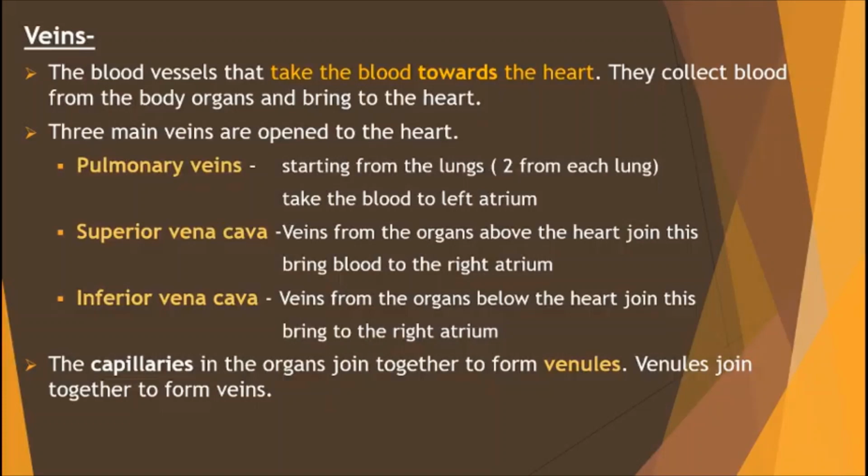The capillaries in the organs join together to form venules. These venules join together to form a vein. All these veins are connected into the superior vena cava or the inferior vena cava.